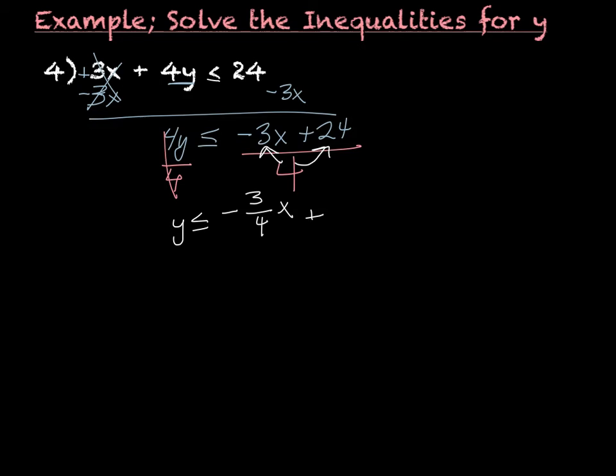So plus 24 divided by 4. 24 can be divided by 4 and simplified, so my final answer there is y is less than or equal to negative 3 over 4 x plus 24 divided by 4 is 6.